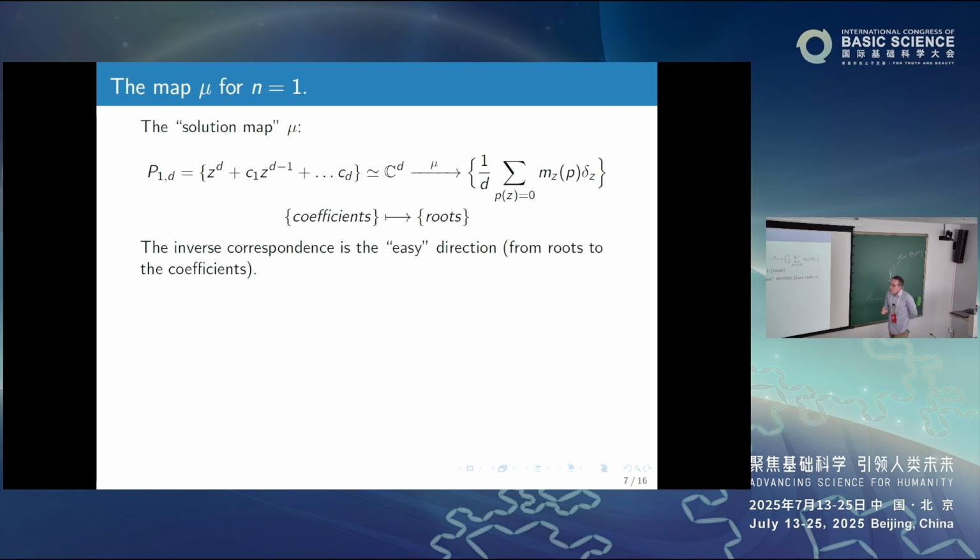Okay, so this is a map going from coefficients to roots.